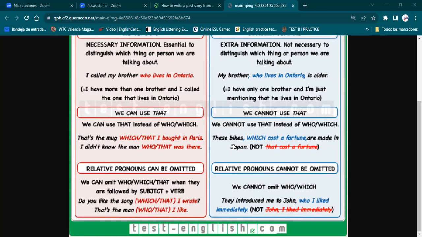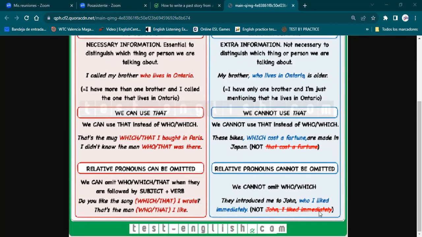These bikes, which cost a fortune, are made in Japan. Not that cost a fortune. In this case, we cannot use that, and the who, the which cannot be omitted. They introduced me to John, who I liked immediately.